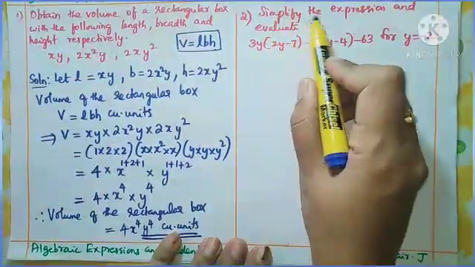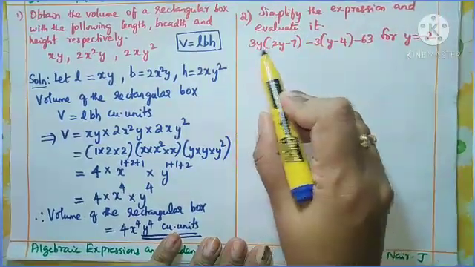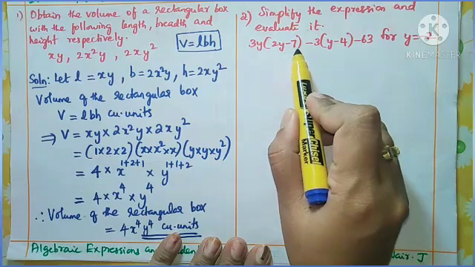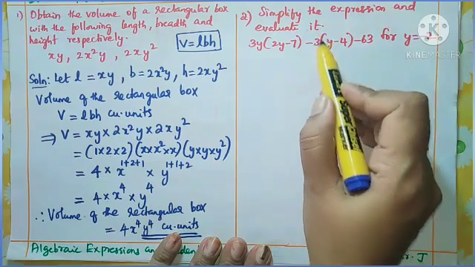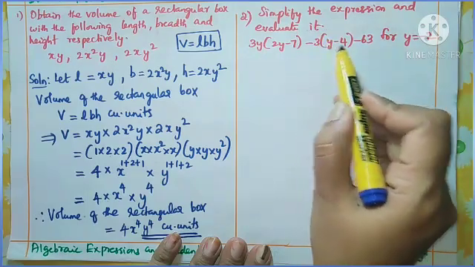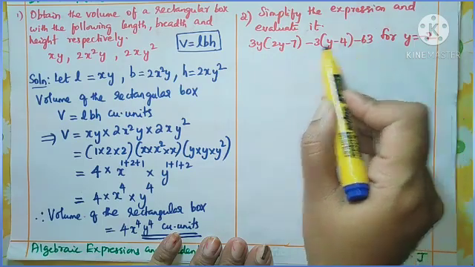Come to the second question here. Simplify the expression and evaluate it. So here one expression is given: 3y into 2y minus 7 minus 3 into y minus 4 minus 63. When a bracket is coming, you want to read it as multiplication.